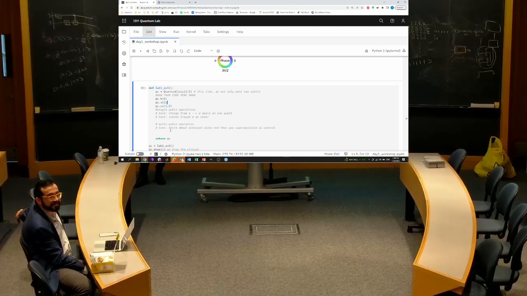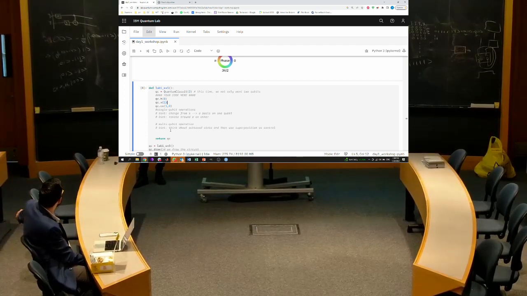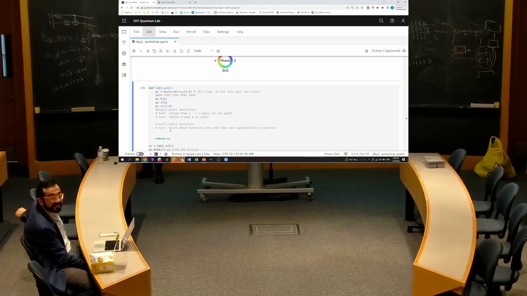What is the right answer is a difficult question, but you want your algorithm eventually, after all these manipulations, to have a big number in front of the things that you want, the right answer. You want to have larger amplitude on the right answer, because then you will just measure it more frequently, and from that you will infer that this is the right answer. Oh, I'm trying to digest that.